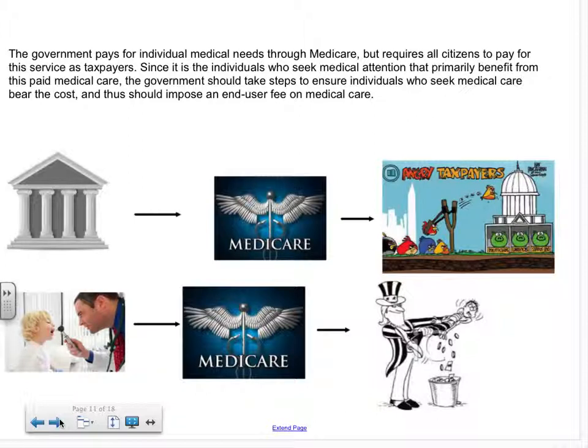So let's break it down as follows. The first part, the government pays for individual medical needs through Medicare. So we have the government right here. And they give dollars to support Medicare.